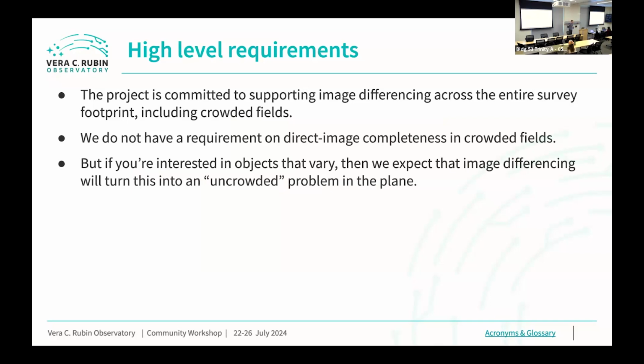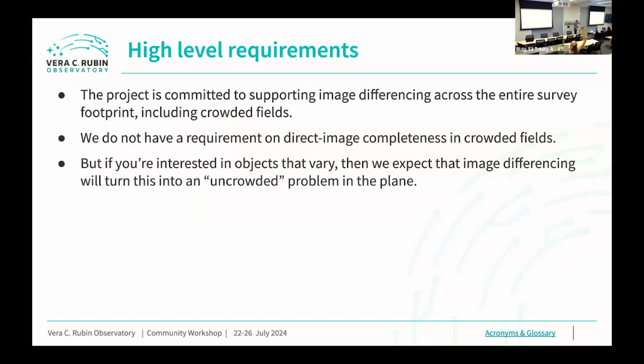We certainly want to recover as much of that geometry as we can. We've put a lot of effort into trying to figure out ways to optimize that, but it's not the same type of thing that we're on the hook for with the funding agencies as we are for the image differencing. So overall, we should think of image differencing as a thing that we guarantee, and direct image as a thing that we consider to be best effort.